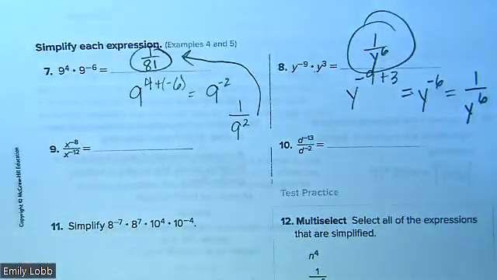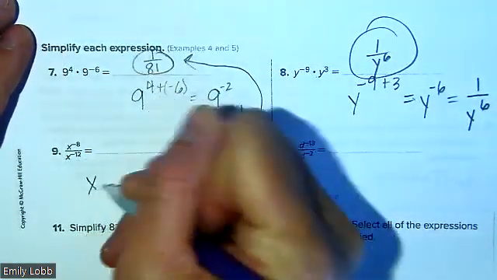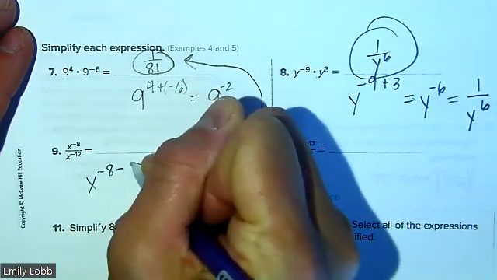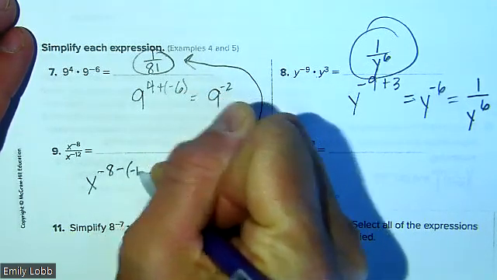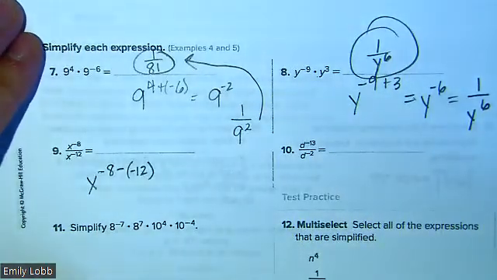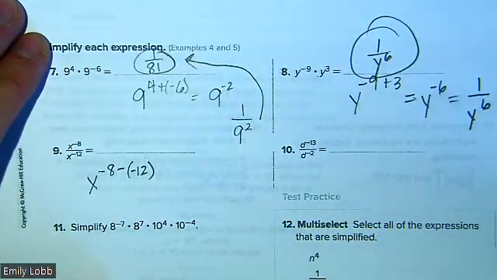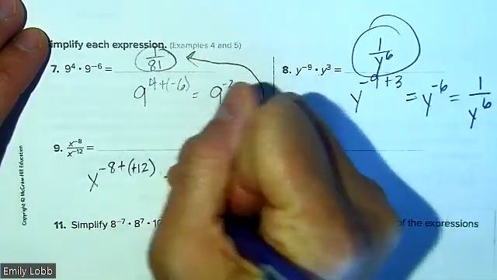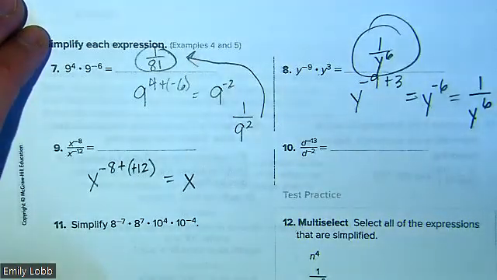Now, our quotient of powers property says we do what with our like base exponents? Subtract. So x, careful here, -8 minus a -12. We have to keep change, or keep switch. So we have x to the 4.